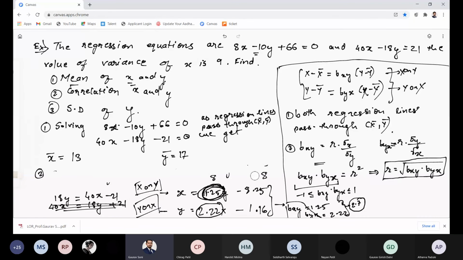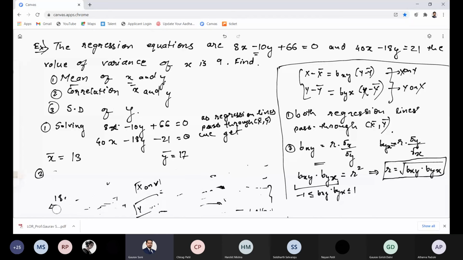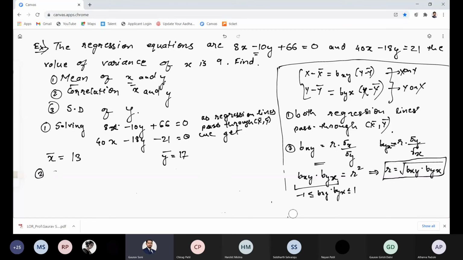Right now this is the first time, so I have explained it in detail. While solving, you can orally check it. You divide the coefficients and see in which of the cases the coefficient is becoming less than 1. So I can see that 8 by 10 is the correct choice to make the coefficient less than 1.